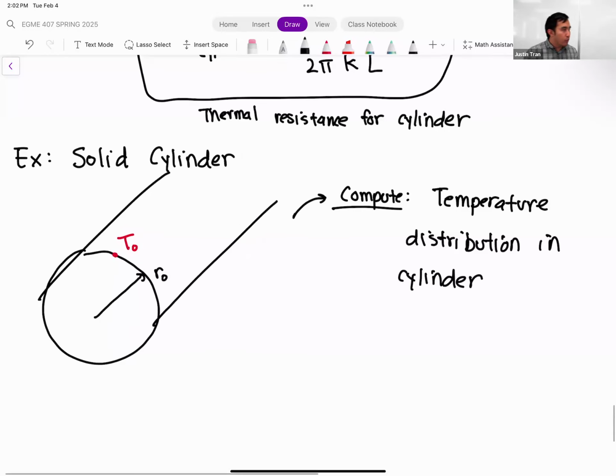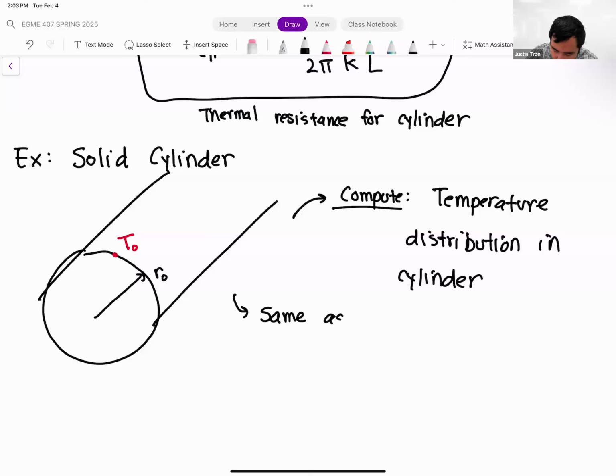And then just like before, we're going to be solving the heat equation to do so. Just to save some time, I'm going to borrow some of the assumptions and the boundary conditions from the last example, because most of it's going to be the same.